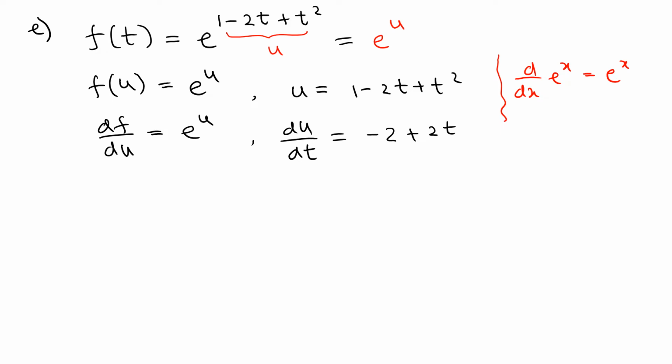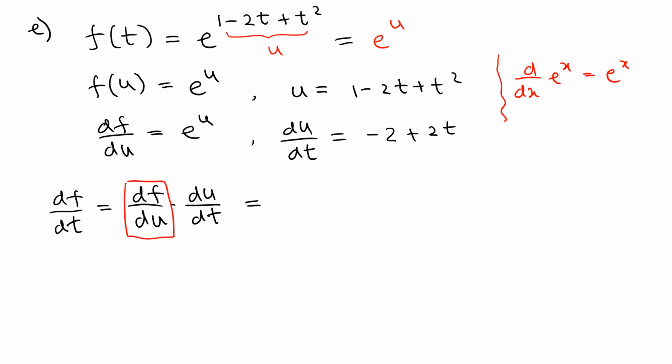Okay, so we have everything we need. Now we're going to plug in. We have df over dt is df over du times du over dt. So df over du with respect to u is simply e to the u. It is coming from here.